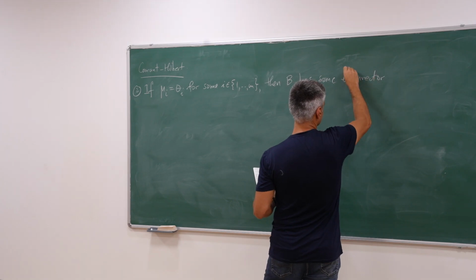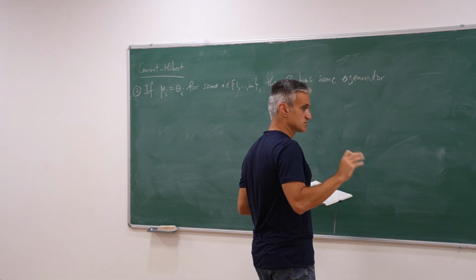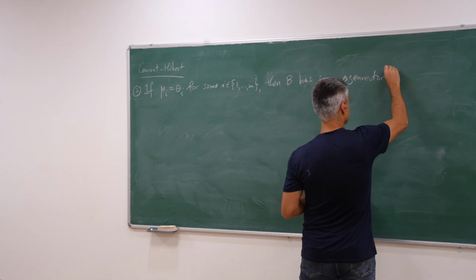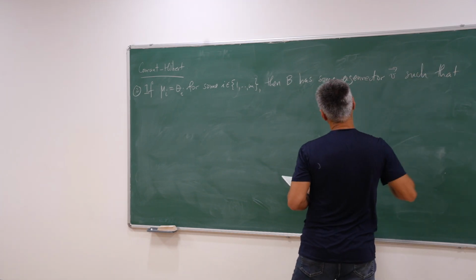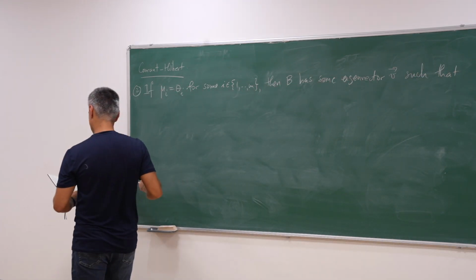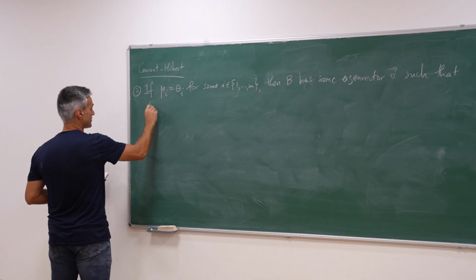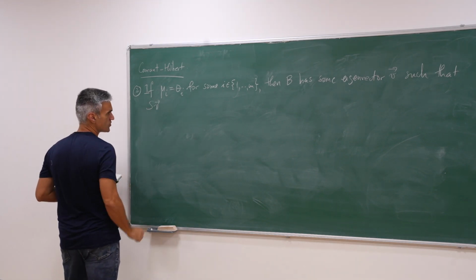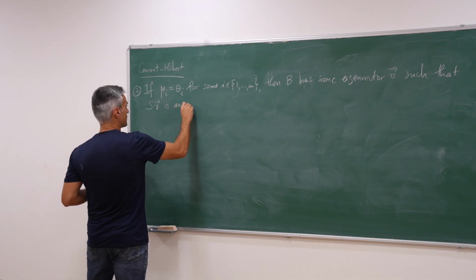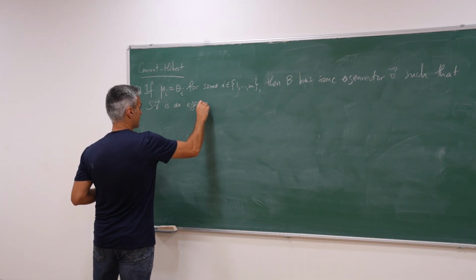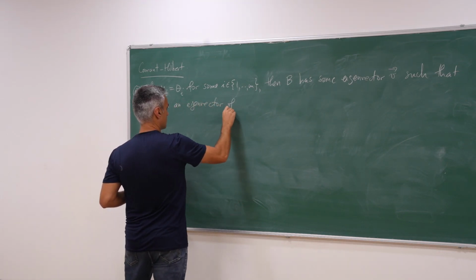That eigenvector will be that s i there. But for now we'll just call it differently. Let's call it v, such that Sv is an eigenvector of A.